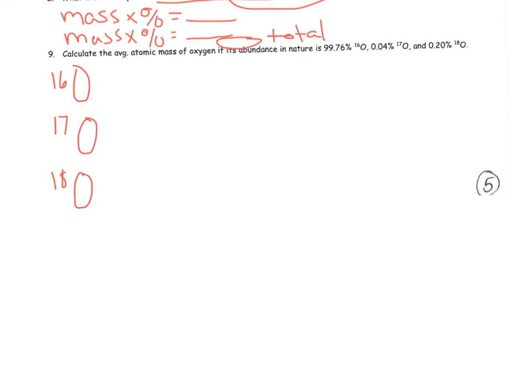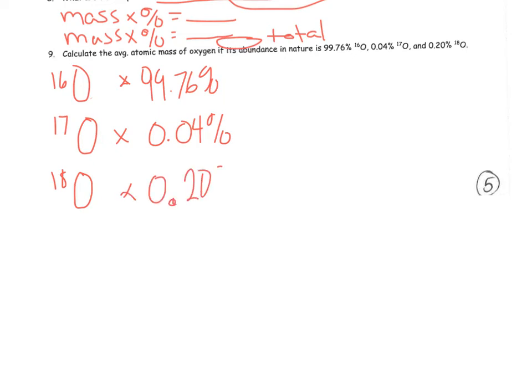Oxygen has these three isotopes. It says that oxygen 16 is 99.76% of the oxygen on the planet. Oxygen 17 is 0.04%, and oxygen 18 is 0.20%.